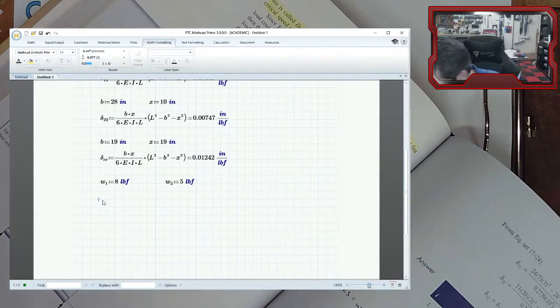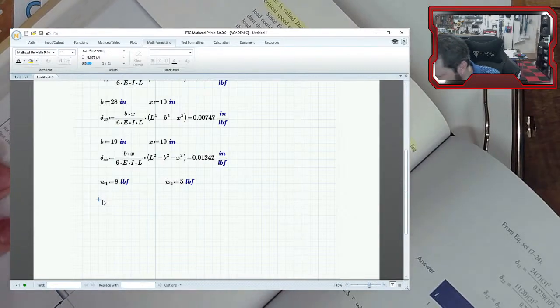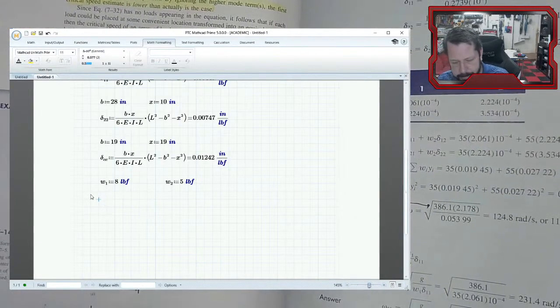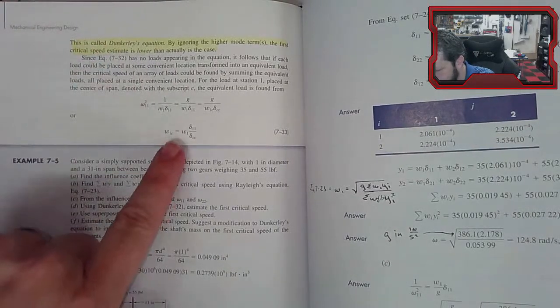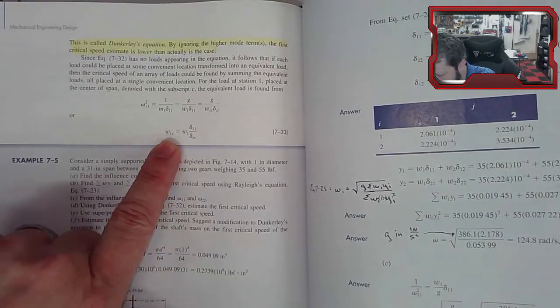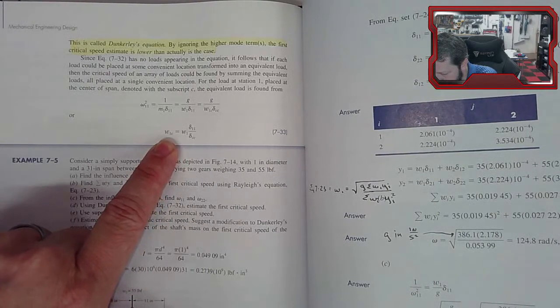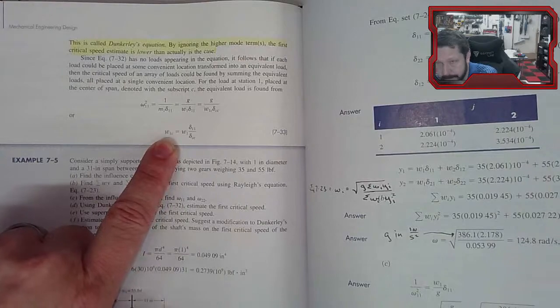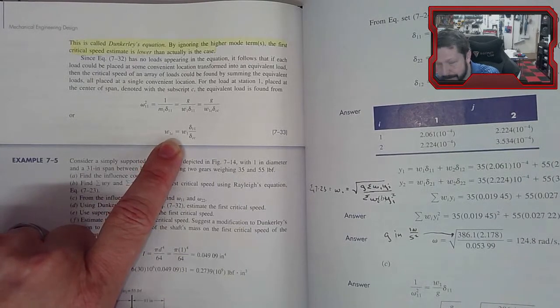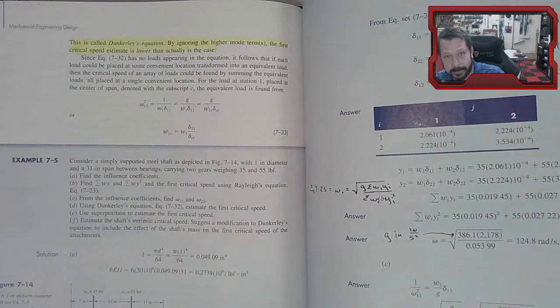Yes, it's 733. We're going to use 733 twice. There are 2 versions of it, and we're using the bottom version right now. What we have here is the equivalent weight of, in this case, weight 1, the 8 pound force, but at the center of the shaft, not at location 1.